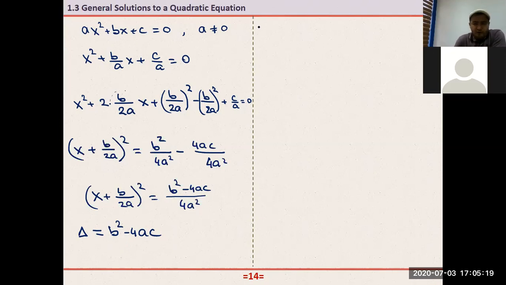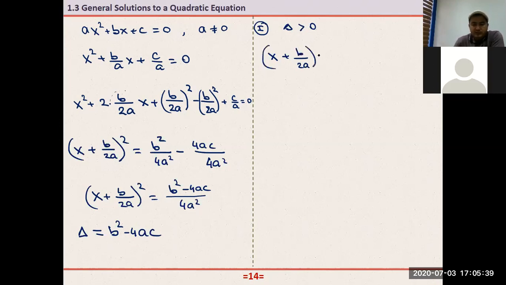So number 1, the first case. Let's say this discriminant is greater than 0. What happens here? Then here we have x plus b over 2a, right?